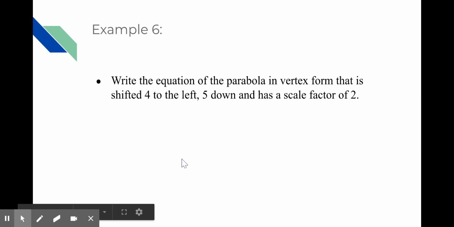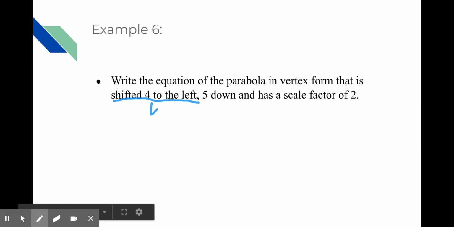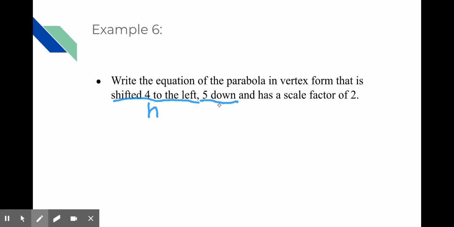Okay, then the next one we have: write an equation of the parabola in vertex form that is shifted 4 to the left, 5 down, and has a scale factor of 2. So we know 4 to the left is our h, 5 down is our k, and our scale factor would be our a.